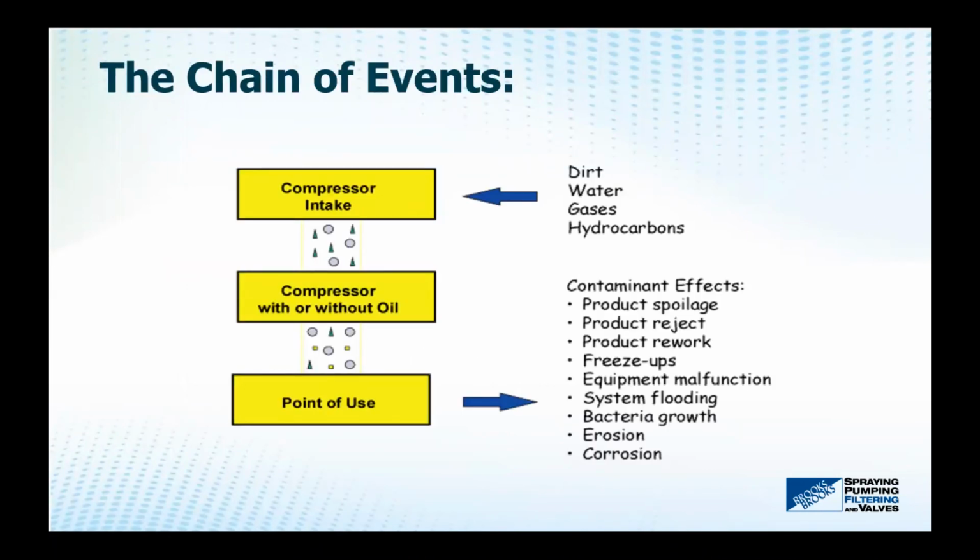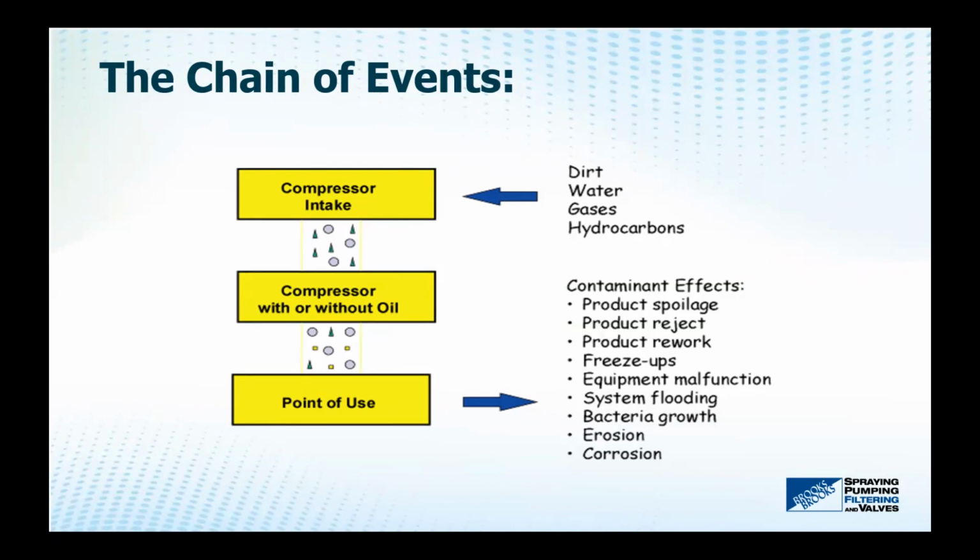Basically, there's a chain of events that takes place when we want to purify air. We have air coming in from the compressor intake. Theoretically, the air should be relatively clean since it's coming from outside, but in reality there is certain dirt, water, vapors, and hydrocarbons, and they're at 0 psi because they're at the compressor intake. Then it gets compressed to 100 psi or higher.